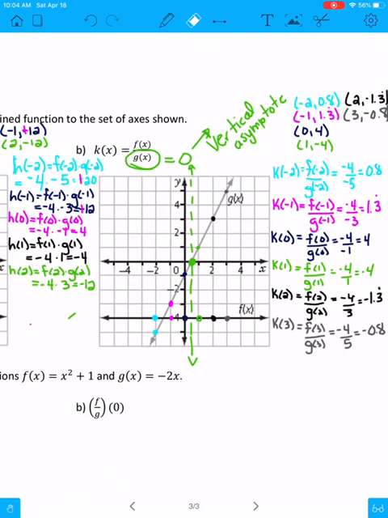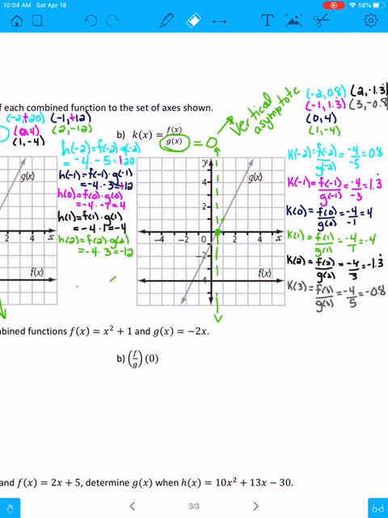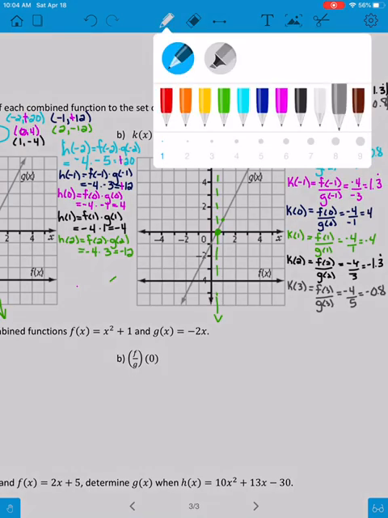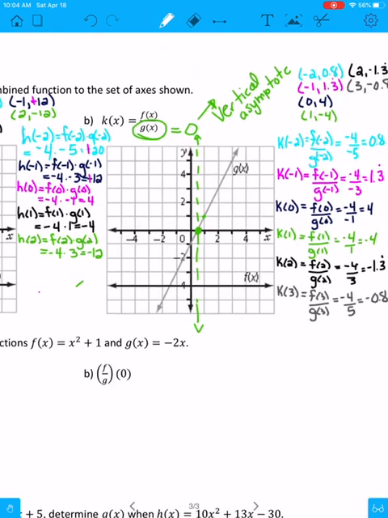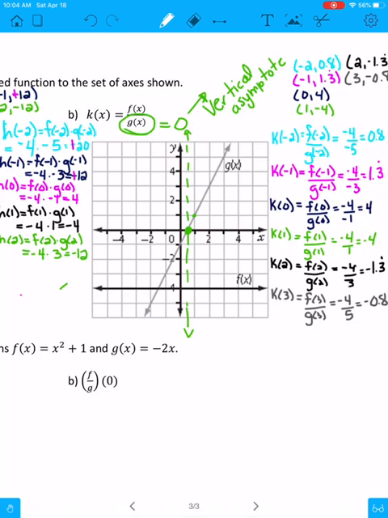Okay. Plot all of those. Get rid of these. So I have the asymptote. That didn't change. Vertical asymptote, because that's where g is equal to 0. And now I get to plot all the rest of my points. It's red. Okay. So negative 2 and 0.8. Negative 1 and 1.3. So not going to be perfectly accurate because I'm using a stylus. 0 and 4. So what I actually have is a rational graph here, right?